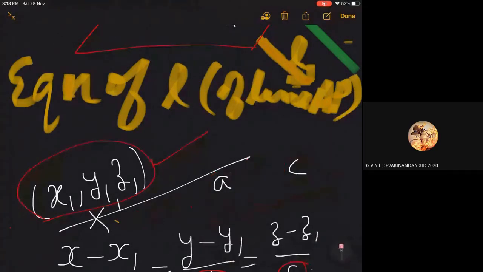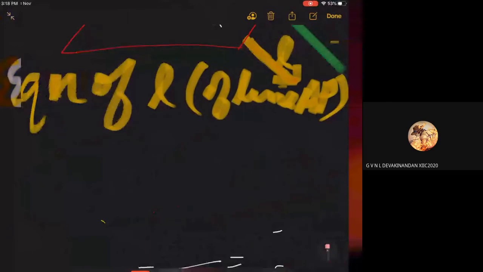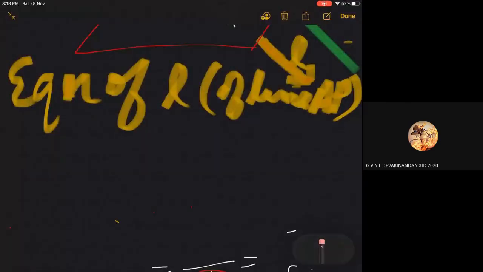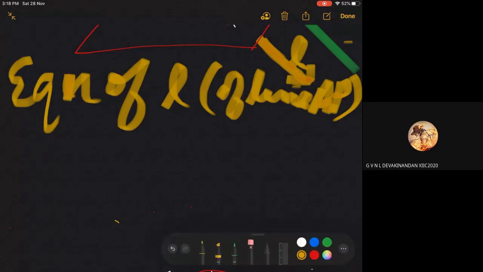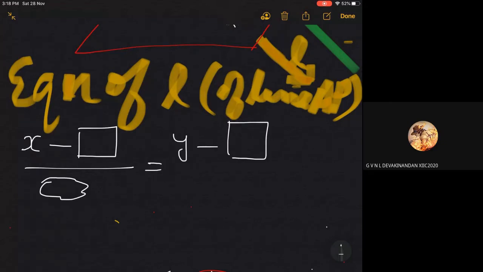So the equation of AP is your formula: x minus something, y minus something, z minus something, each divided by the direction ratio.